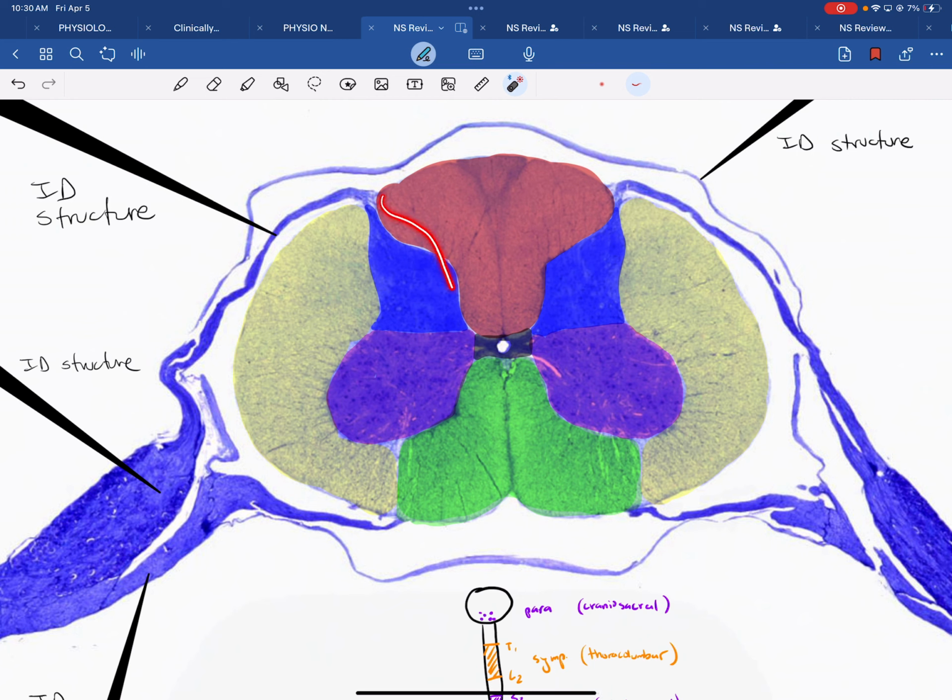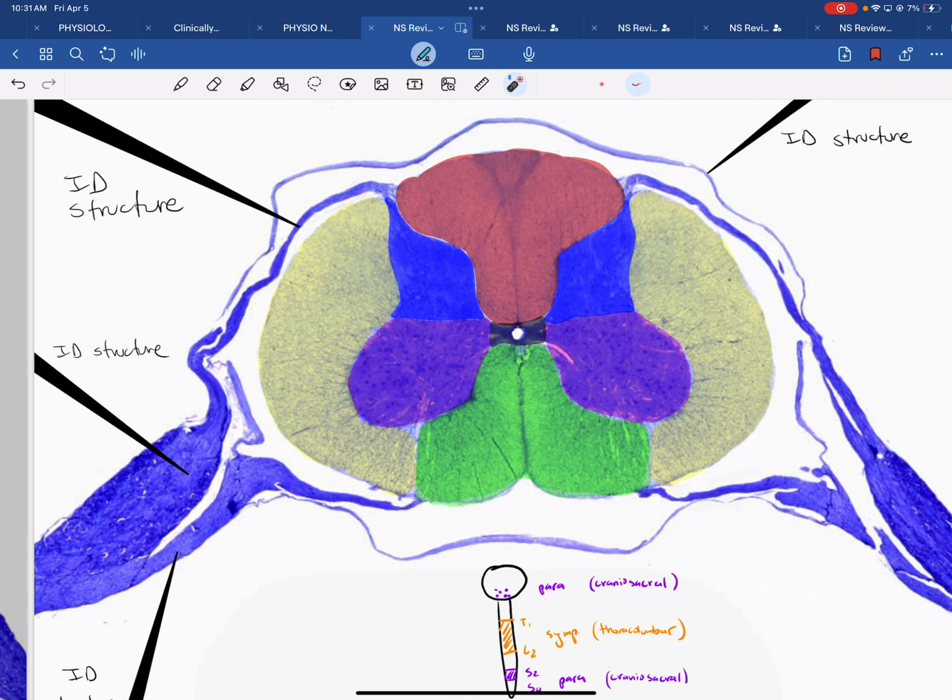What kinds of tracts are located in the posterior funiculus? Let's just say ascending tracts, because it's not only general sensory tracts, it's also visceral sensory tracts. So we can just say sensory, ascending tracts, but there are no descending tracts that we're learning about.